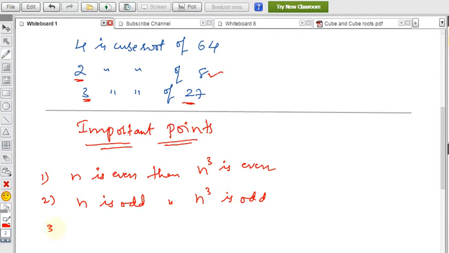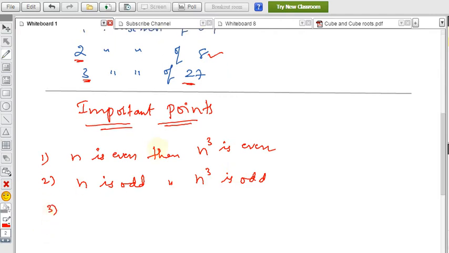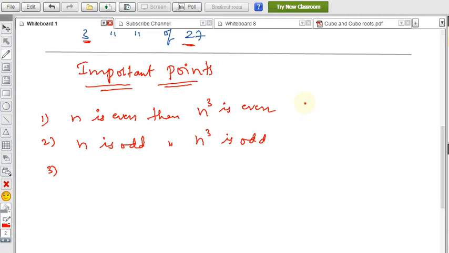Then one more point. For example, if you take a combination of two numbers, if m is an even number and n is an odd number, then m cube into n cube is an even number.